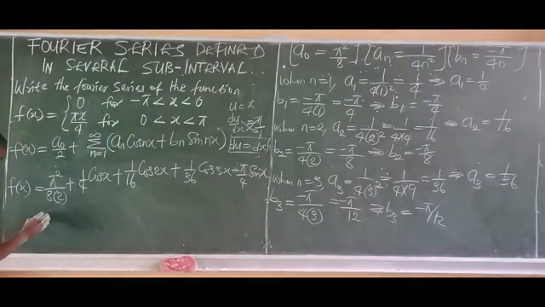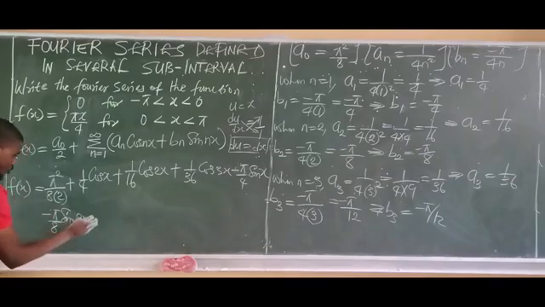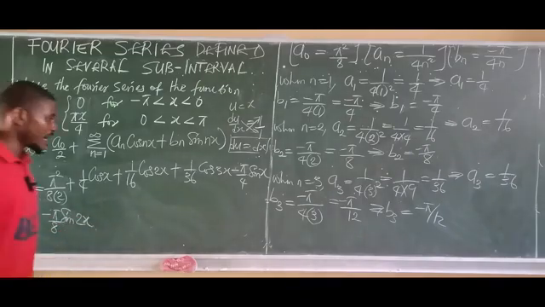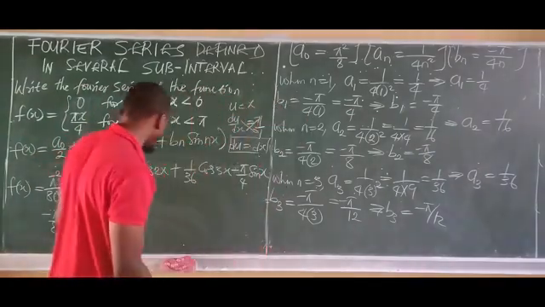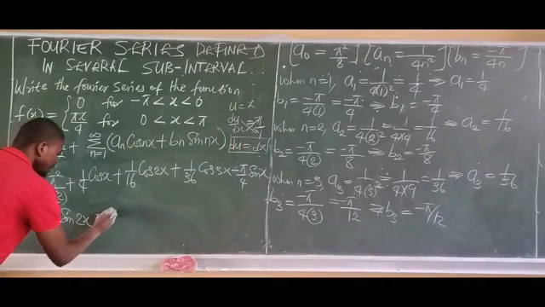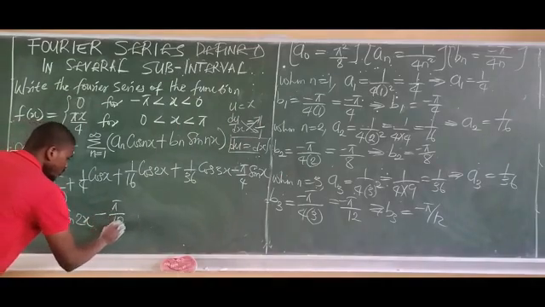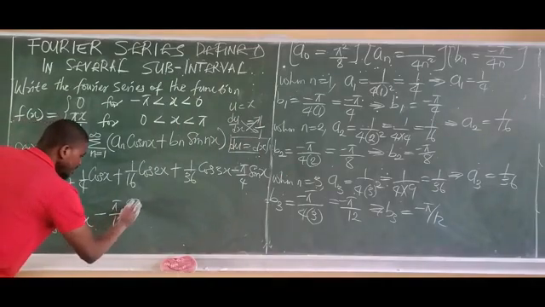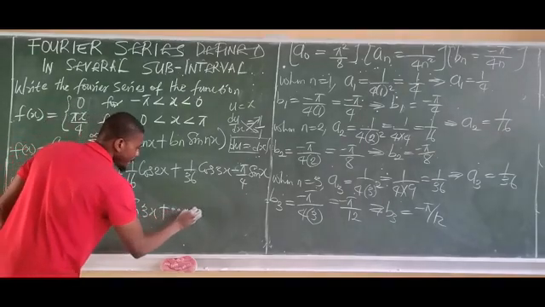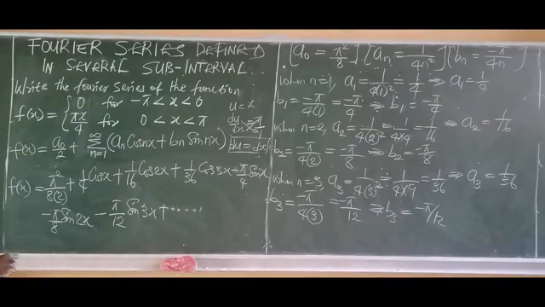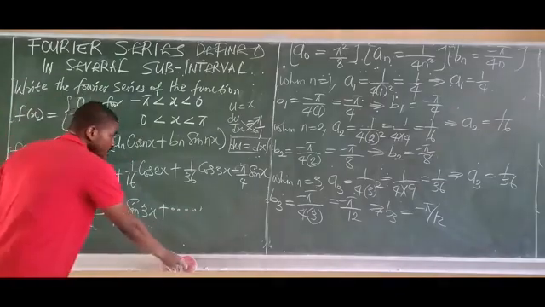So this is simply minus pi all over 8 sine 2x. And we stop at 3. So b3 is minus pi all over 12, so minus pi all over 12 sine 3x. So the series continues like that without an end, because it runs to infinity.